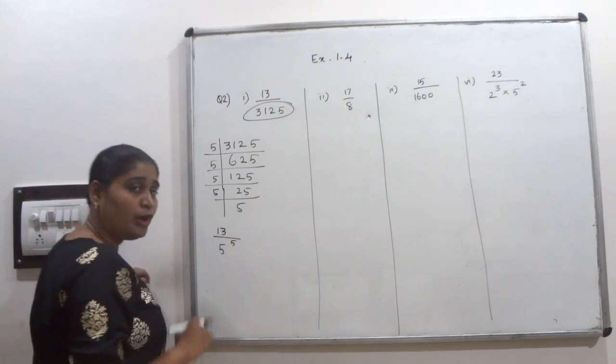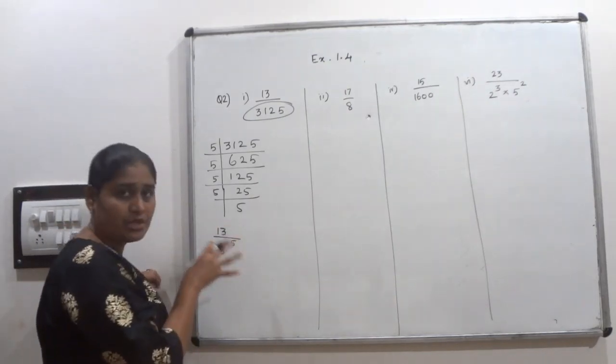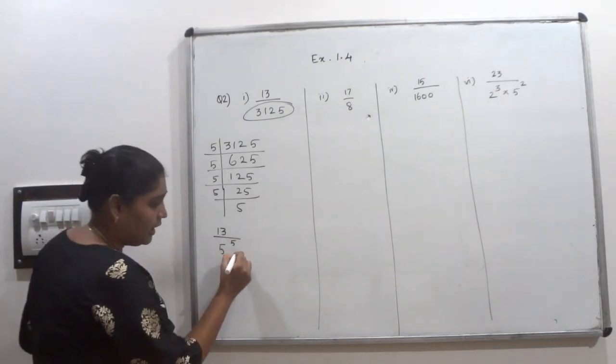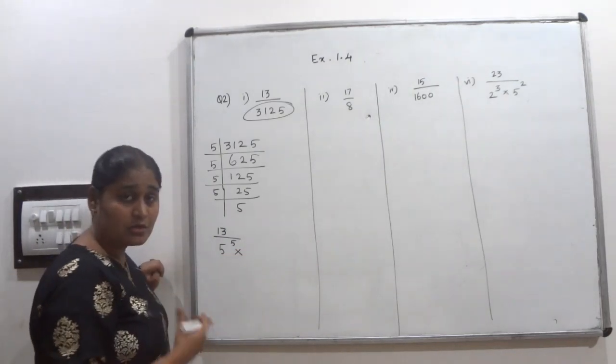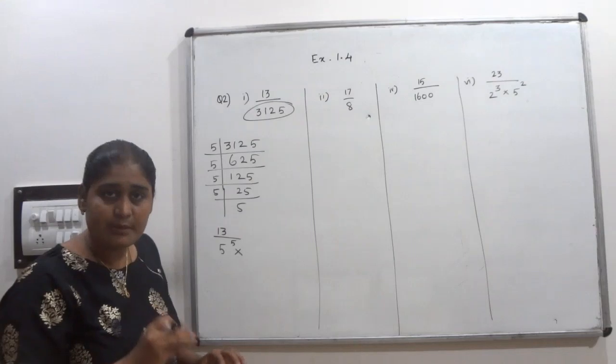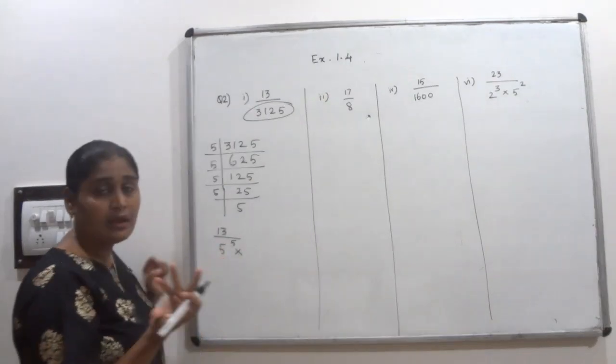So I am going to find the decimal part of this fraction. For that, I have to make the denominator 10 so that we can easily put the decimal point without doing any calculation.